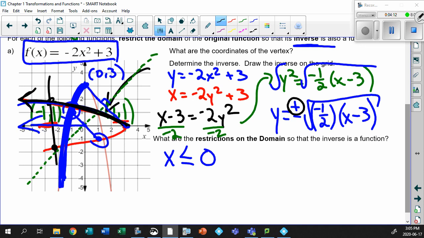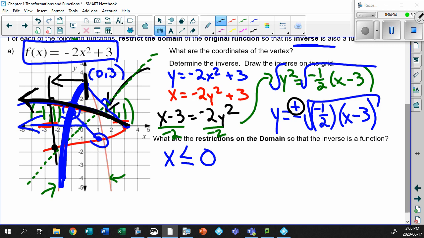See what I mean? I'm not talking about this side of the graph. I only want this side of the graph. I now know that my inverse is going to look like this. So there's my restriction. I'm going to say up to this vertex and this way. So I'm using the vertex as my starting point for this.